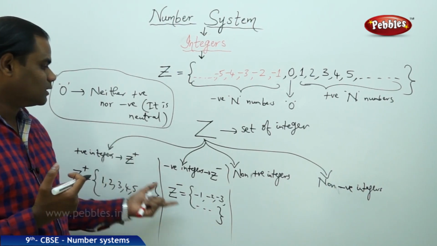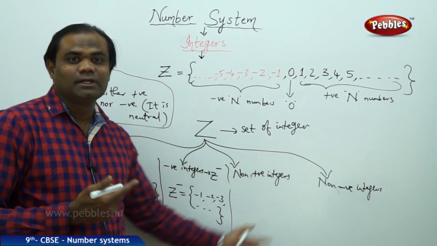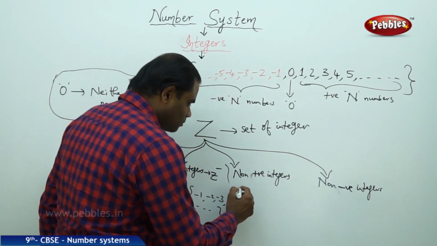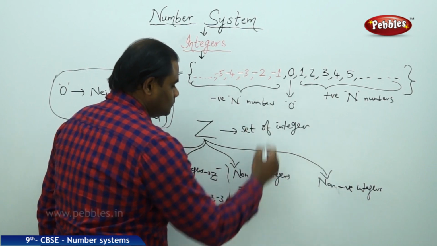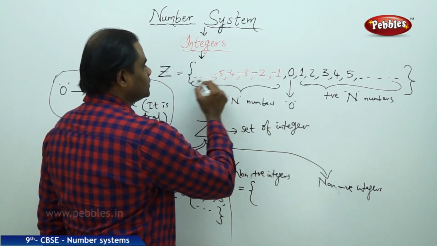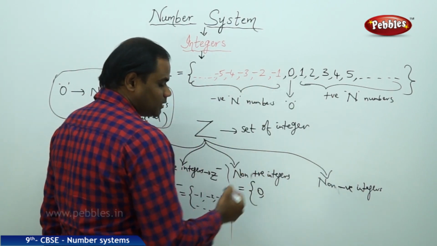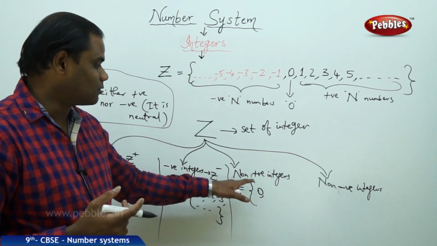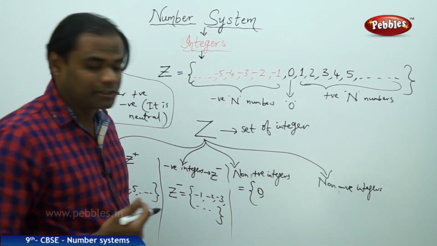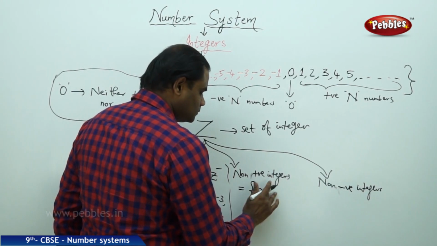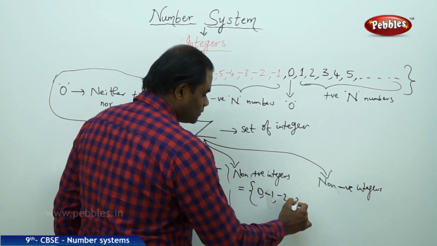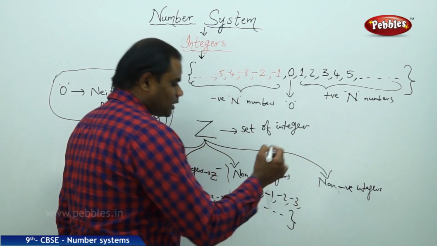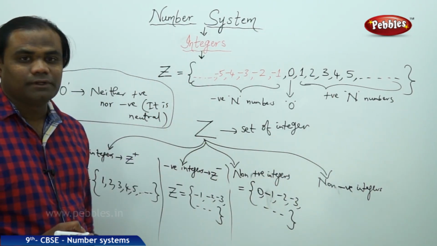It is neutral. Therefore, when I say non-positive, I include all the integers which are not positive, not only the negative ones but even 0, because 0 is a non-positive integer. So it comes out to be 0, minus 1, minus 2, minus 3, and so on and so forth till infinity.